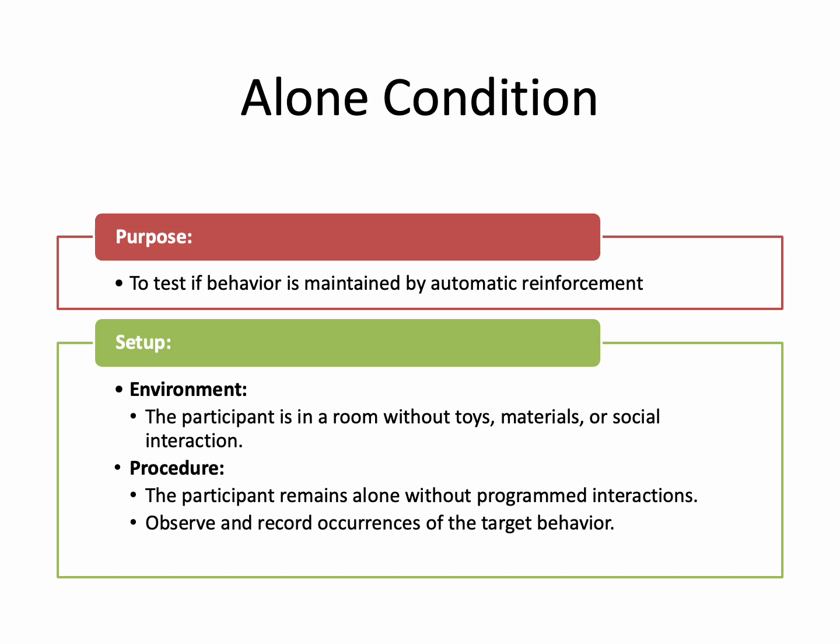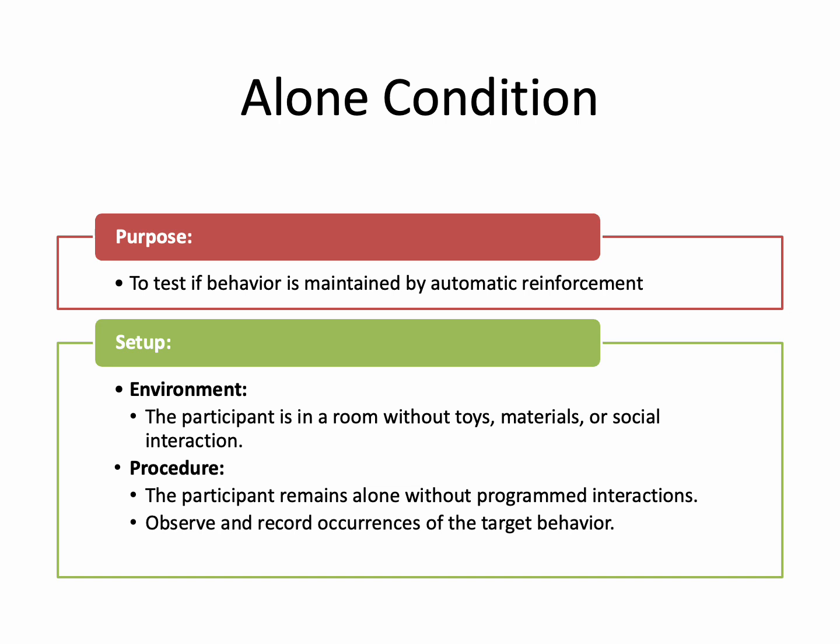Okay, now we're going to look at the alone condition, which is a condition in which we are trying to test to see if the behavior is maintained by automatic reinforcement. In this condition, we set up a participant in a room without toys, without any materials, and there's no social interaction. The researcher can be in the room with the participant for this session.